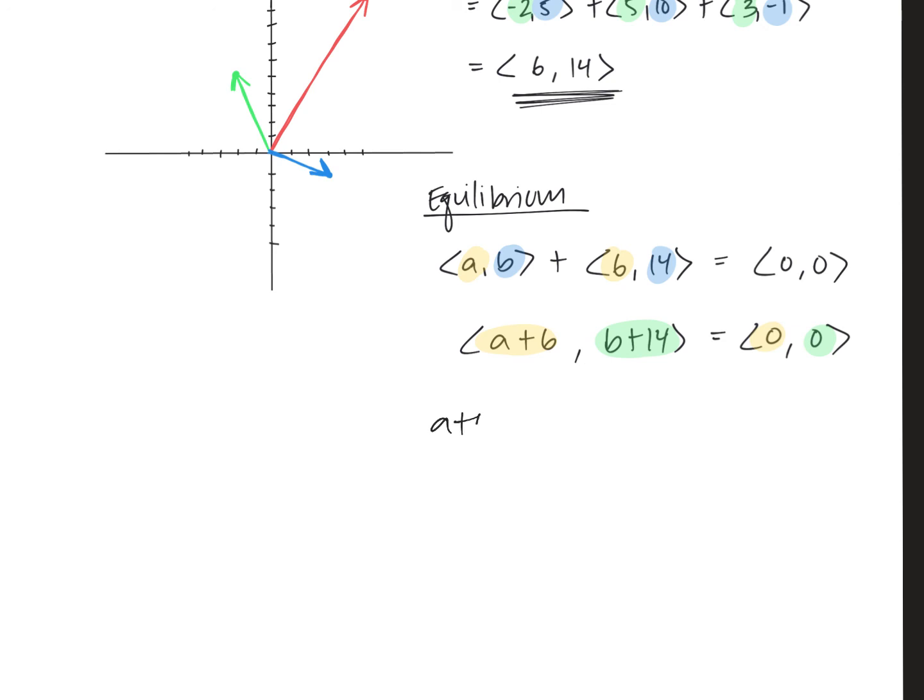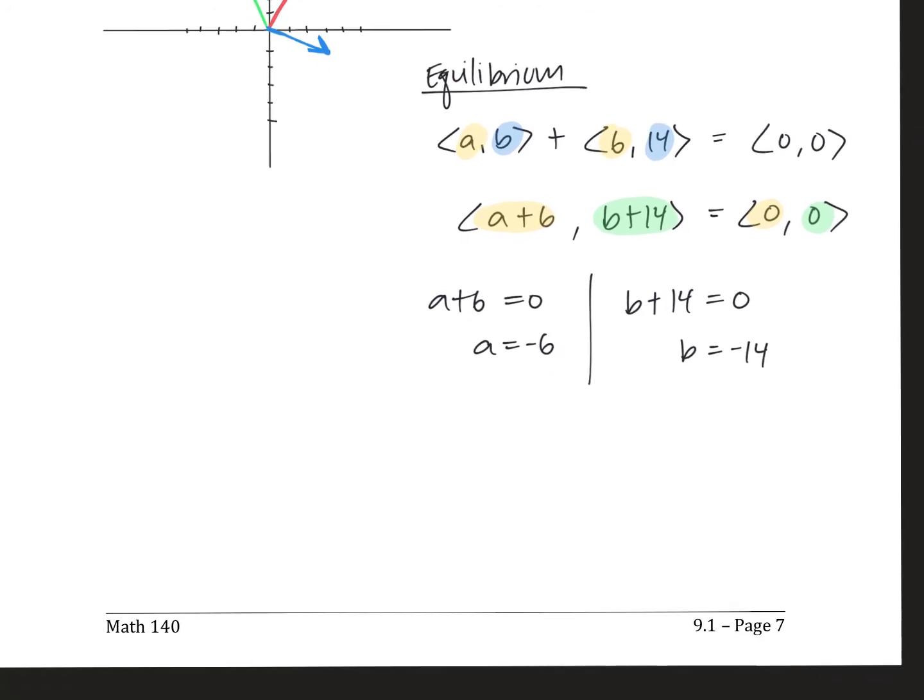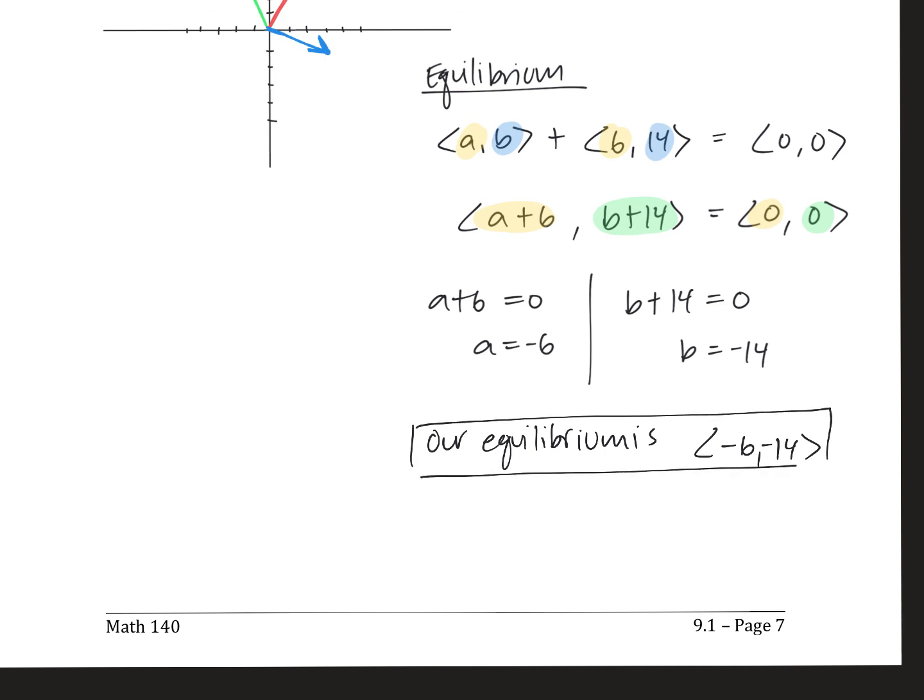So a plus 6, figure out when that equals 0, and b plus 14, when does that equal 0? We'll get an a value of -6 and a b value of -14. And that is going to be our equilibrium. Our equilibrium is going to be <-6, -14>. That is our vector of equilibrium force for the sum.